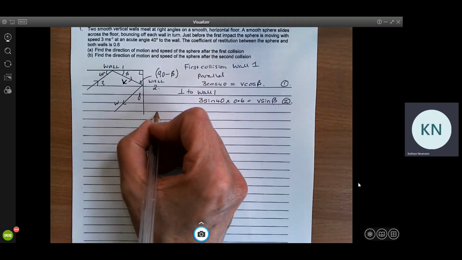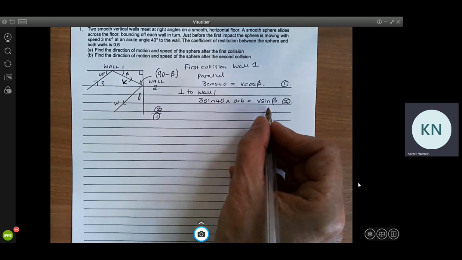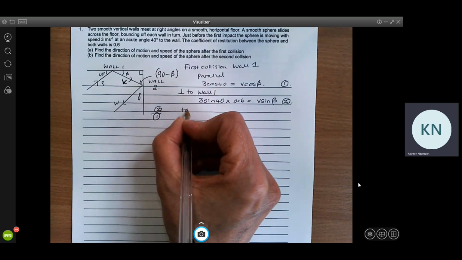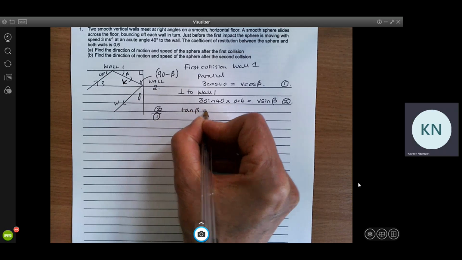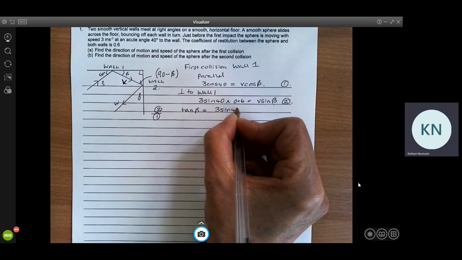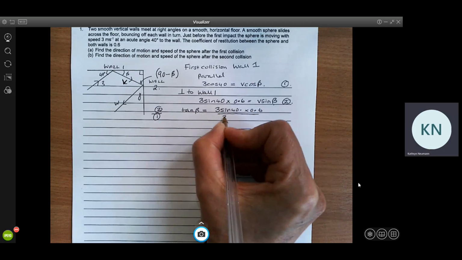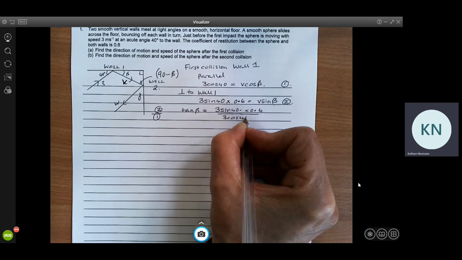So doing equation 2 divided by equation 1, that gives me tan beta is equal to 3 sin 40 times 0.6 divided by 3 cos 40.